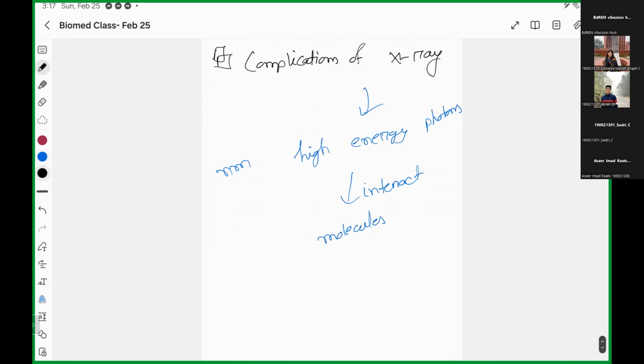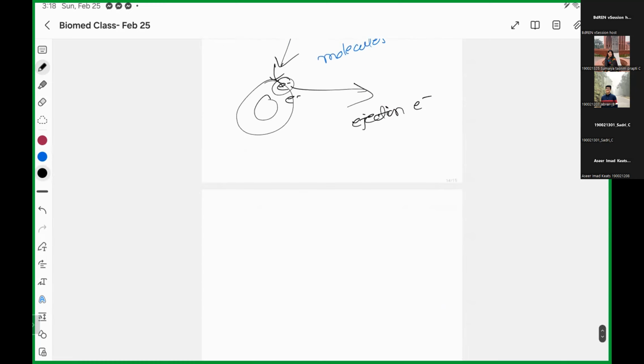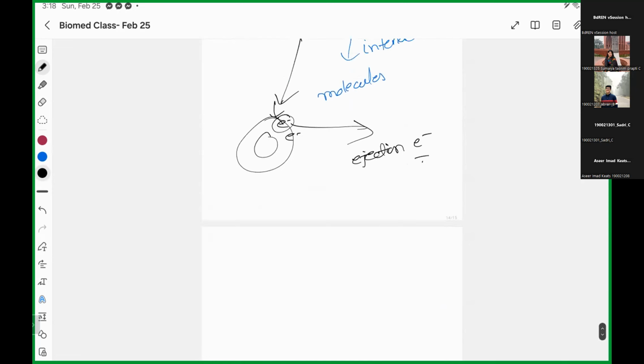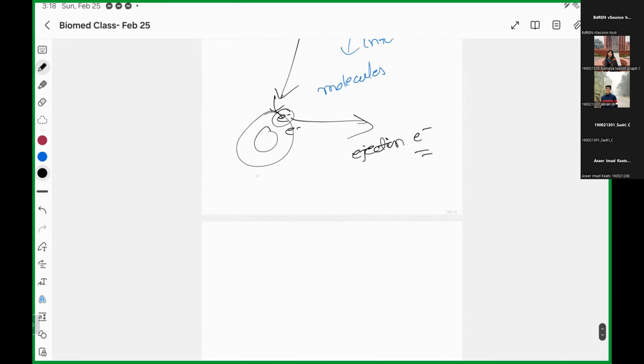When they interact, they can cause the ejection of electrons from the orbital shells of the molecules, at a very tiny, molecular level. So when an electron is ejected, what happens to this molecule?